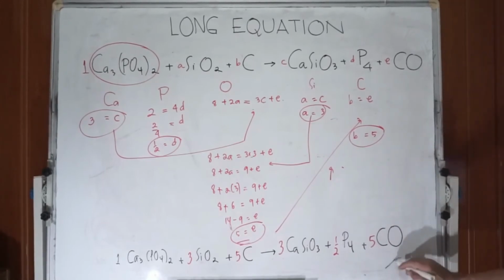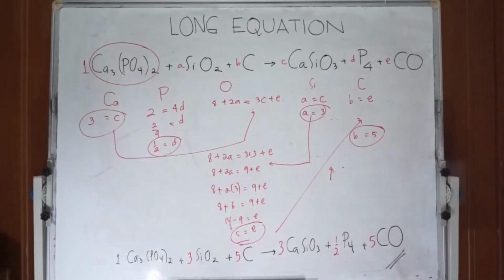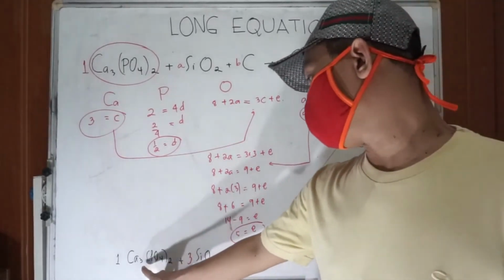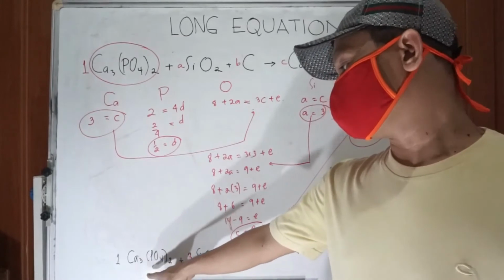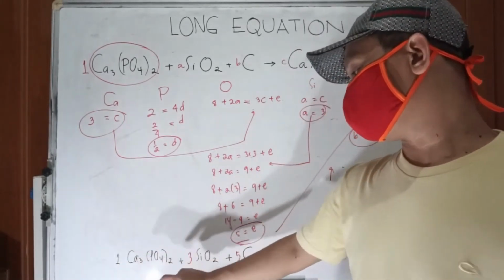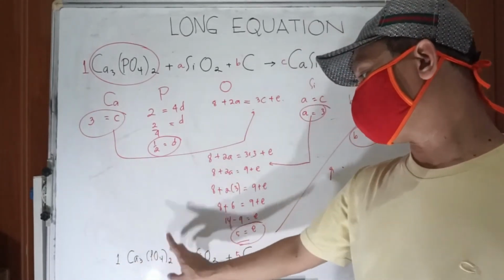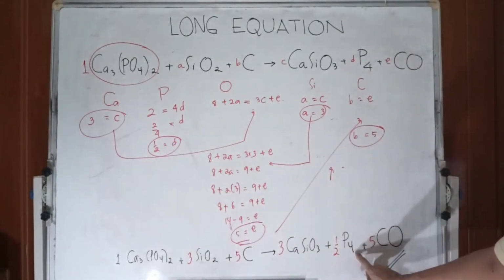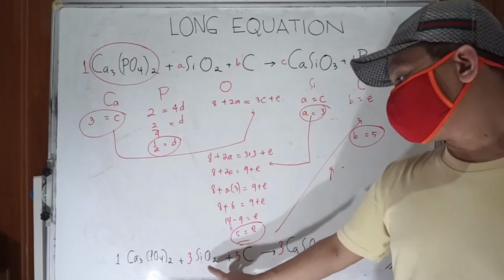Okay, complete. So, let's check it. Calcium 3, calcium 3. Phosphate 1, phosphorus 1 times P times 2, 1 times 1 times 2, you got 2. P, a half times 4 is 2. What about oxygen?